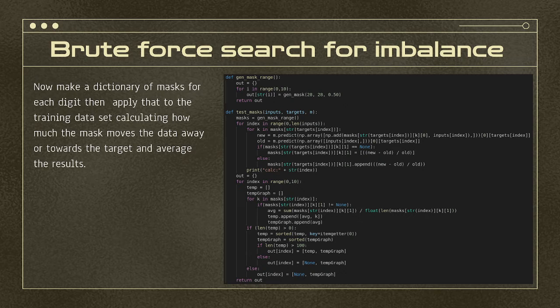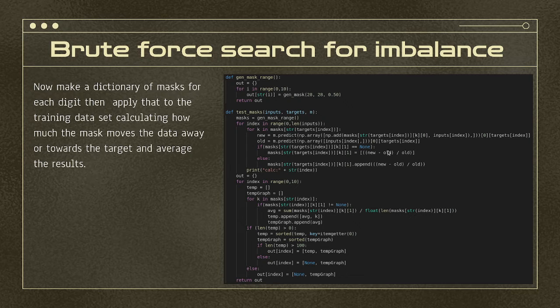Then we're going to take all of those masks, 28 by 28, and apply them to each piece of training data. That's going to give us an enormous amount of data.